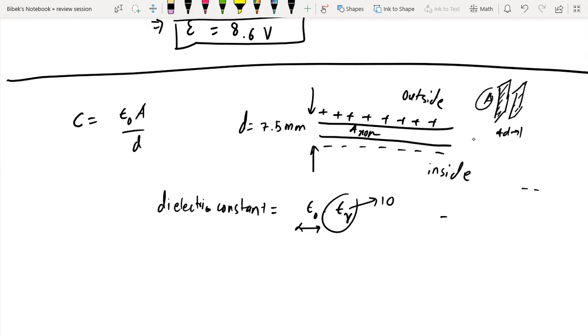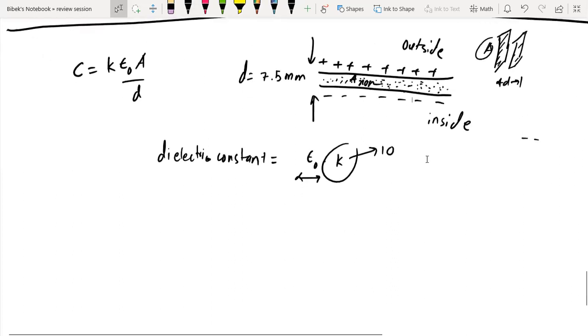Some represent this ER as K, so I'll just write it K times E0 times A over D. What this K means is that the medium inside these two plates has more dielectric power than vacuum, 10 times higher. Dielectric power means the power to separate positive and negative, okay?